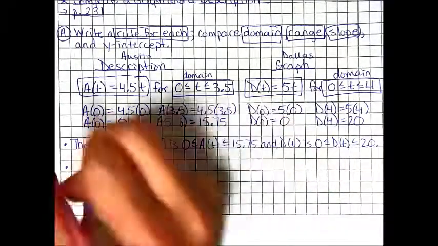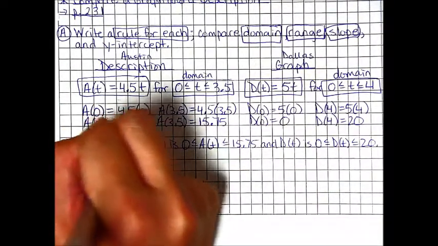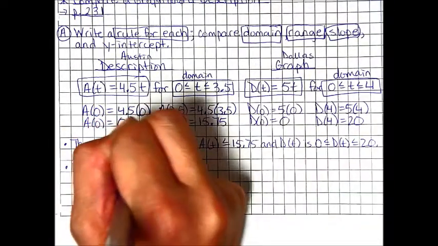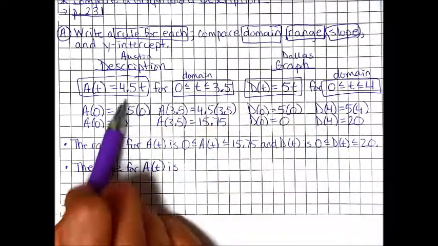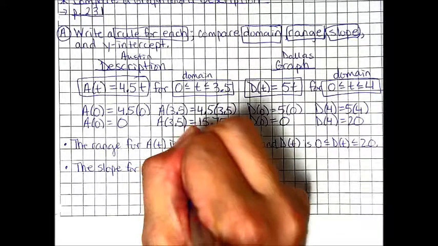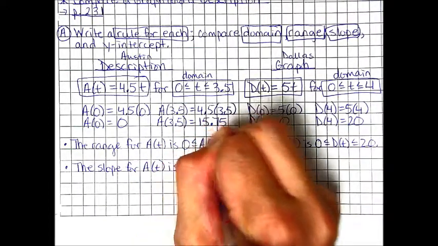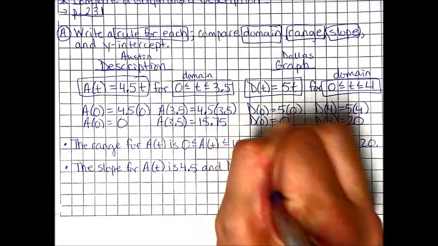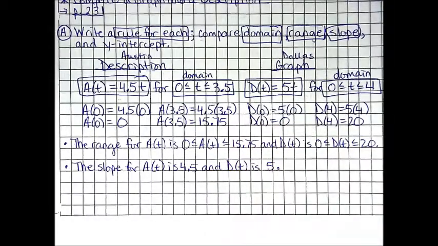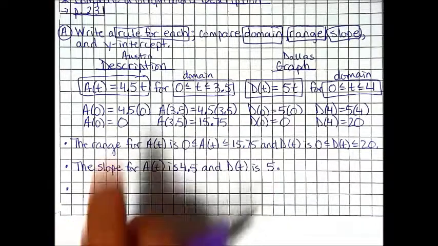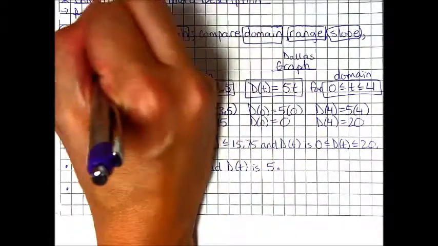You're just basically going to state it. The slope for A of t is, there's your slope, 4.5, and D of t is 5. And then last but not least, they wanted you to compare the y-intercepts.